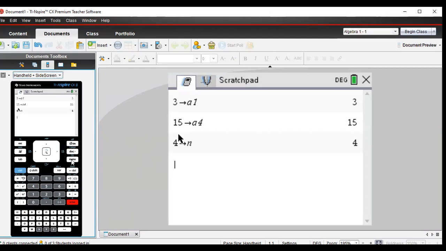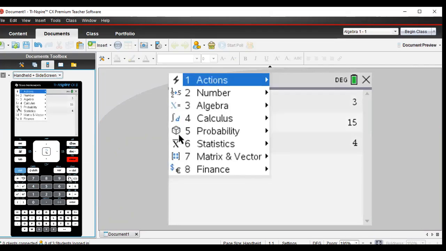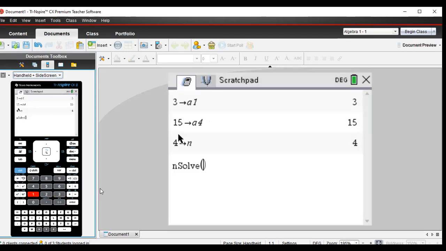So I go to menu 31, nSolve, and then I'm just going to put in a sub 4. So a4 equals a sub 1 plus open parentheses n minus 1 close parentheses, and then times d.